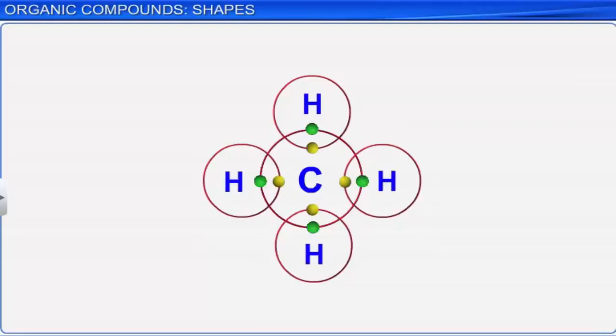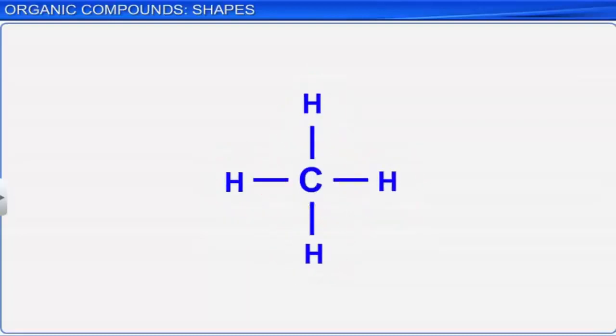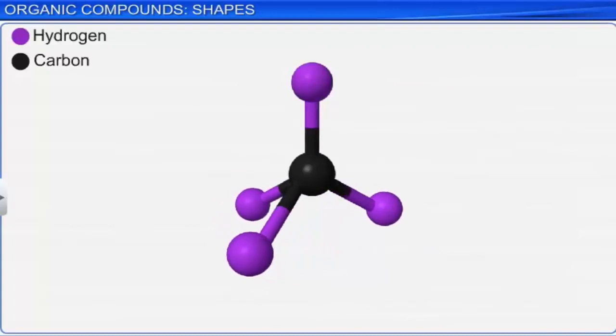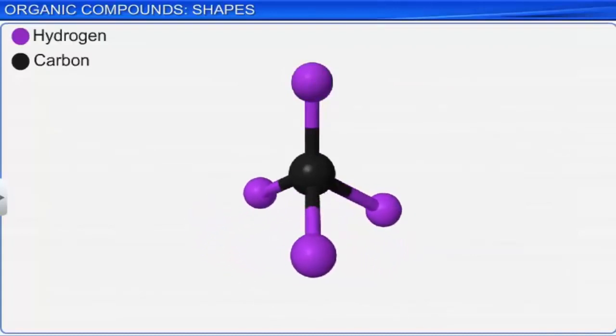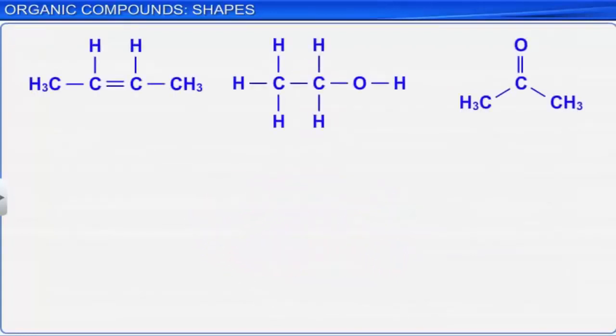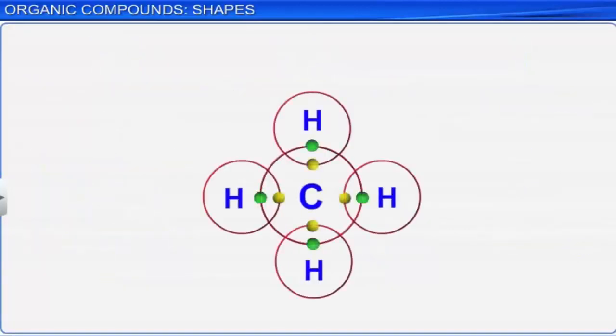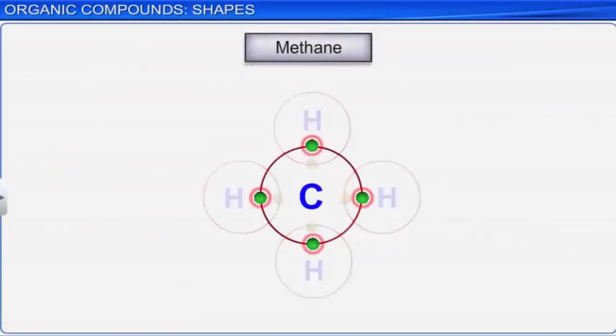This characteristic of carbon atom, by virtue of which it forms 4 covalent bonds, is called tetravalence of carbon. Thus, carbon forms a wide range of compounds. In this example, methane is formed by sharing 4 electrons of carbon with 4 hydrogen atoms.